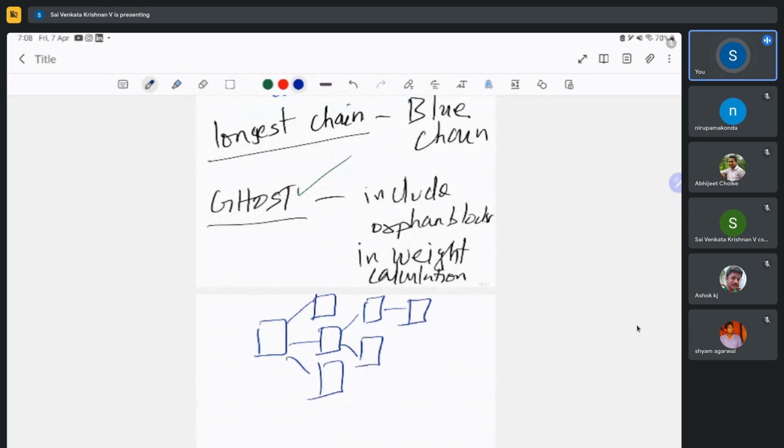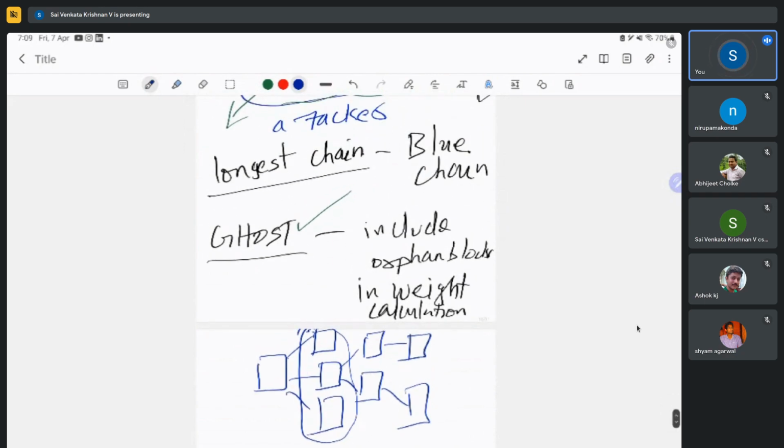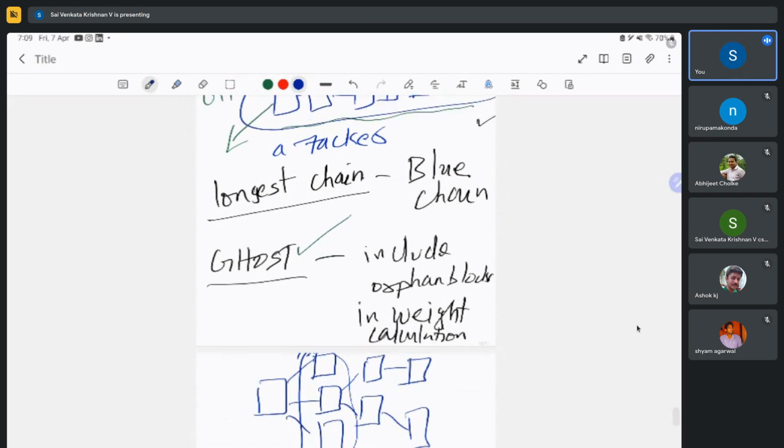Because your GHOST protocol gives weightage to the number of child nodes pointing back to the parent. It gives weightage to that, right? So the attacker should come up with a chain in such a way that at each block height, the parent block has more child blocks when compared to the valid chain.